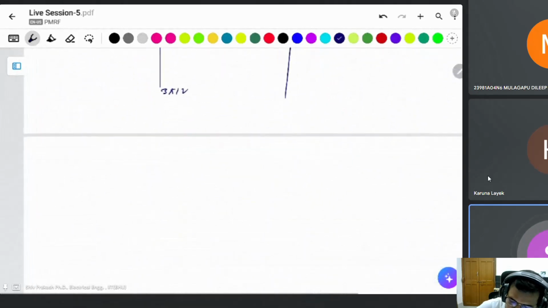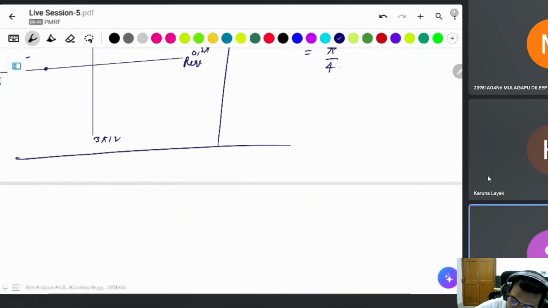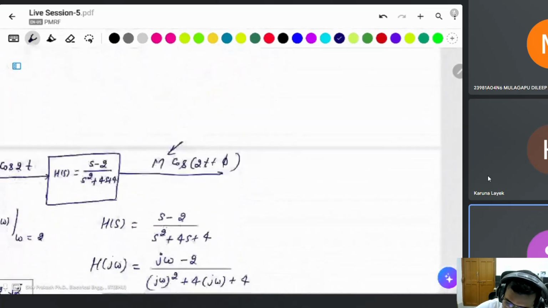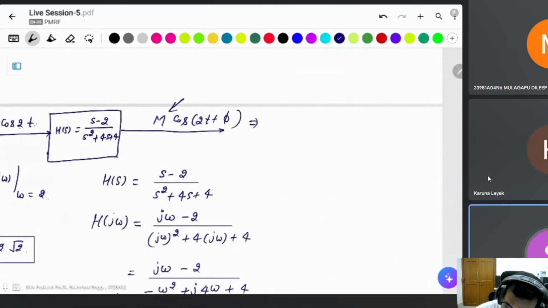Then you can say the output of this LTI system is 2 root 2 cos(2t plus pi by 4).